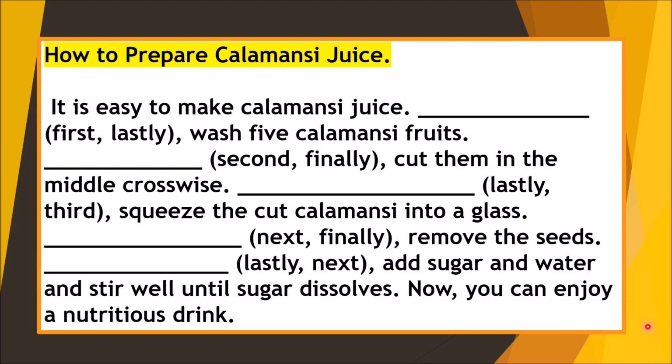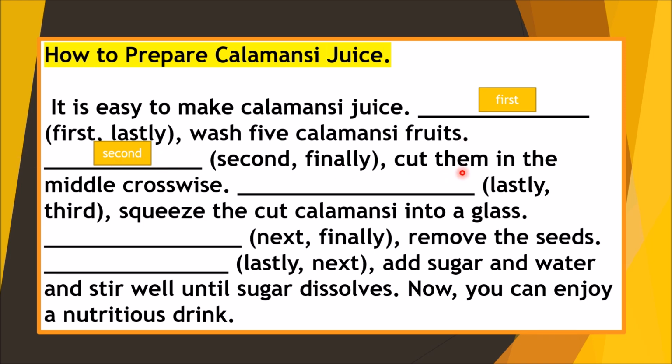Okay, let us answer this. It is easy to make calamansi juice. Is it first, lastly? Of course, first you have to wash 5 calamansi fruits. Next one, if your answer here is second, of course you're right.